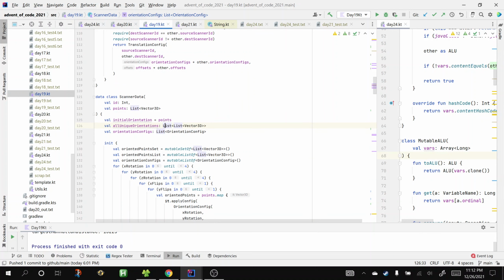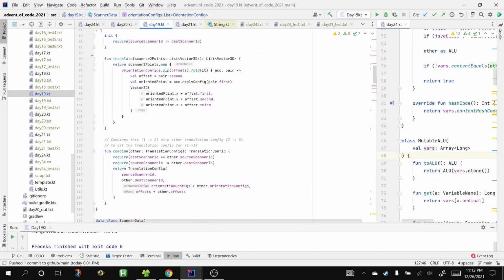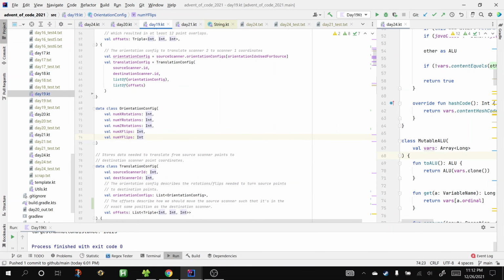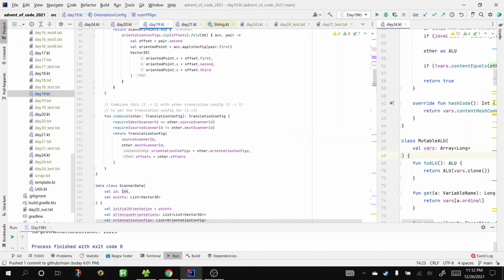So the indexes of this and this correspond to one another. And if you look at orientation config, it's just telling you the number of x, y, z rotations, and the x and y flips in order to get the scanner into those different orientations.